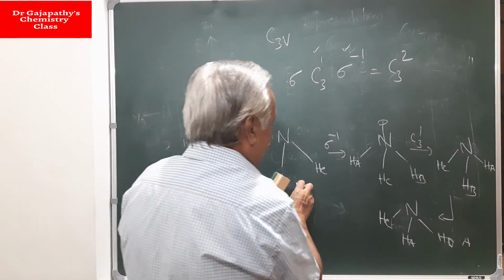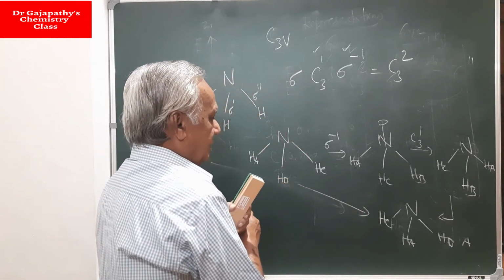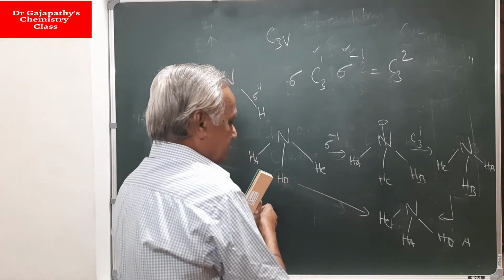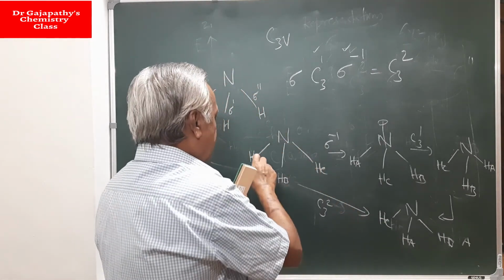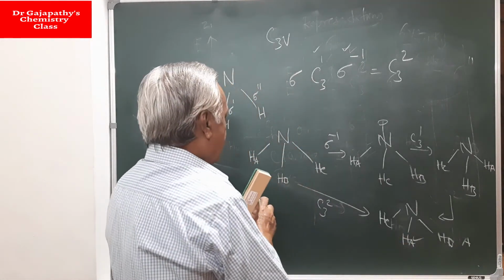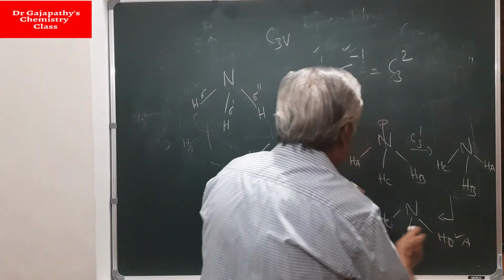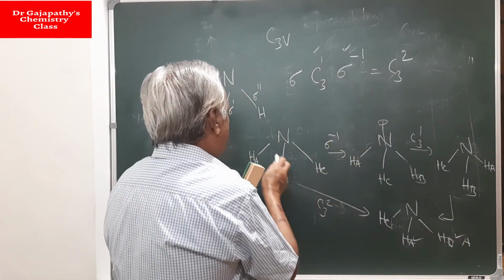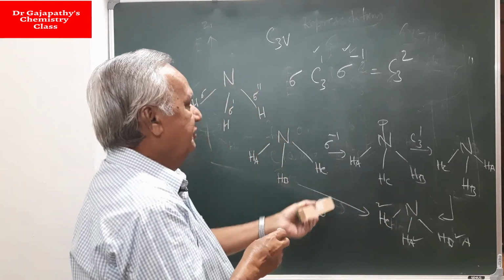Now let me compare. When will I get this from this? If I give a 240-degree rotation, for 120 A will go there, 240 it will come here. For 120 B will go there, for 240 it will come here. And 120 it will come here, for 240 it will go there. So this is equivalent to C32.